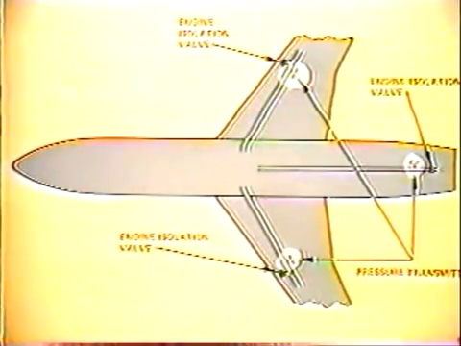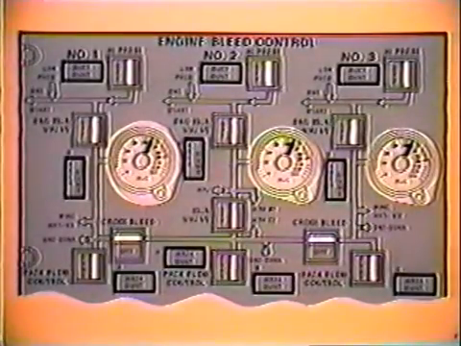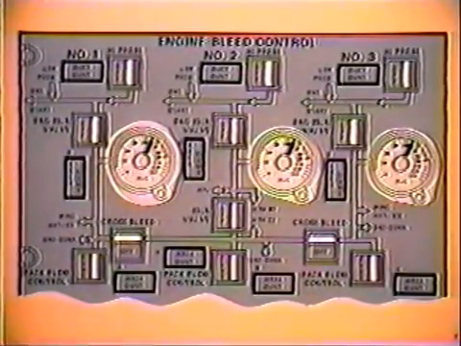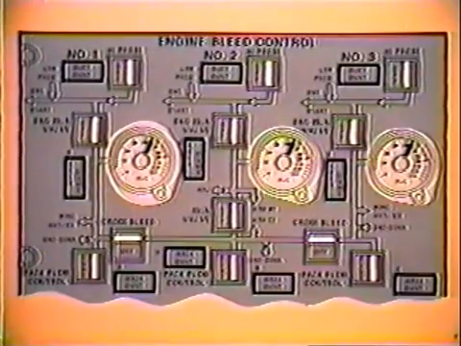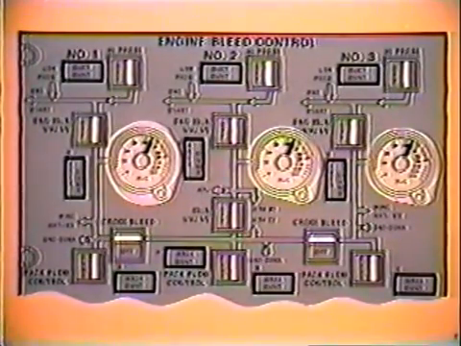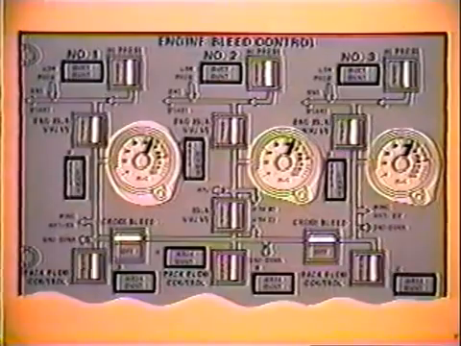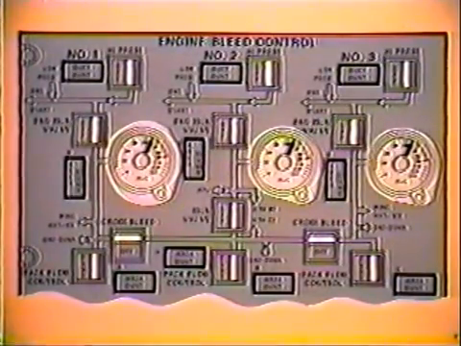There is a pressure transmitter in each bleed channel, as shown in this plan view of the airplane. On the pneumatic panel, the pressure indicators display the pressure existing just downstream of each engine isolation valve.